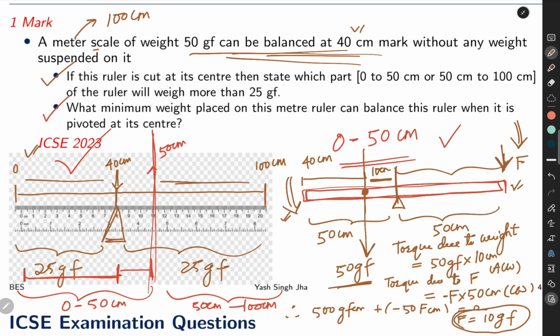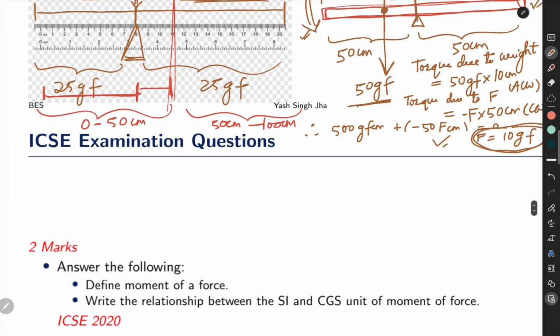So the minimum force required is 10 GF. I hope it is clear. If not, please go back in the video and rewatch this question again. It's a good question that clears a lot of concepts.